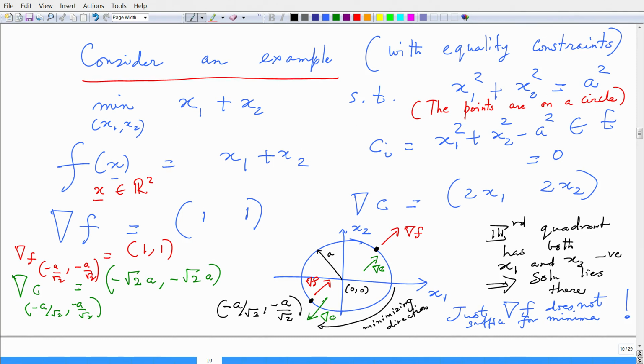Clearly, if I have to minimize this objective function x1 plus x2, that is the sum of the coordinates, subject to the points lying on a circle, then I have to look into the third quadrant, because that is where the minimum lies, where x1 and x2 are both negative.